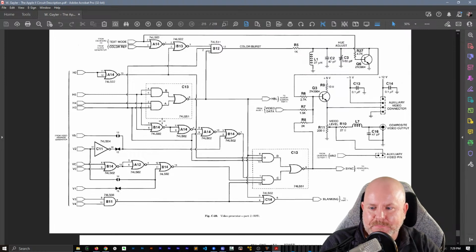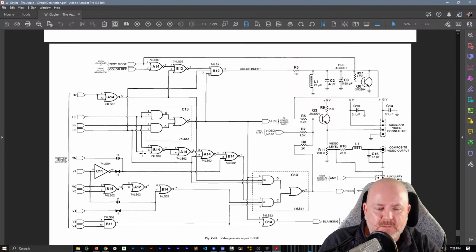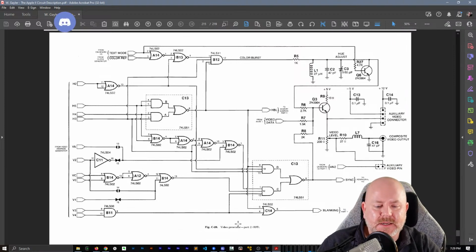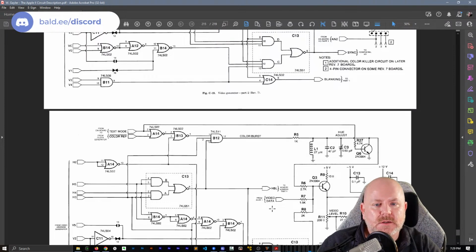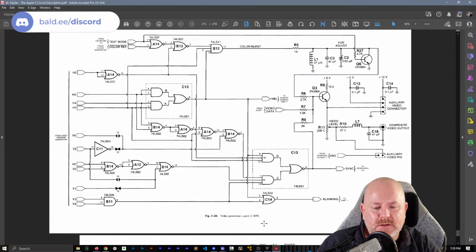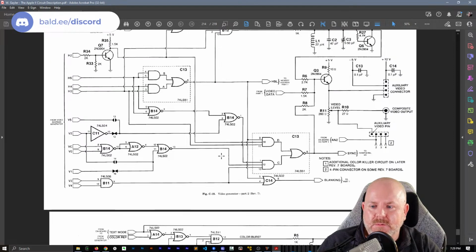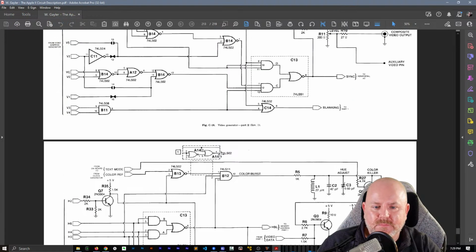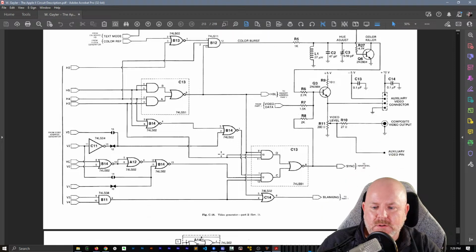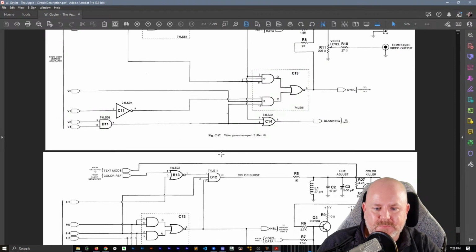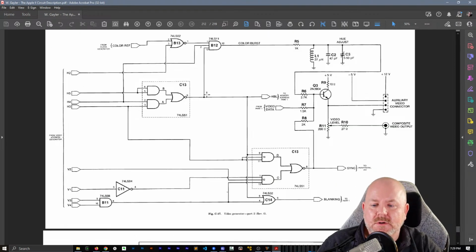Wait, there's B14 right there. What? Oh yeah, see that's what it is. I wonder if this is what. Yeah, that's what's going on. So no, it's not. Whatever. Yeah, because here's, here we go.